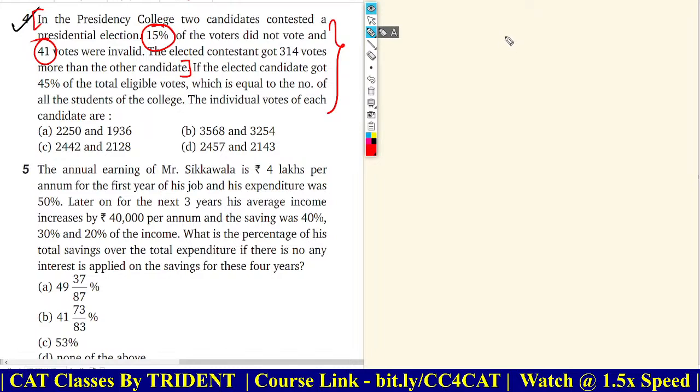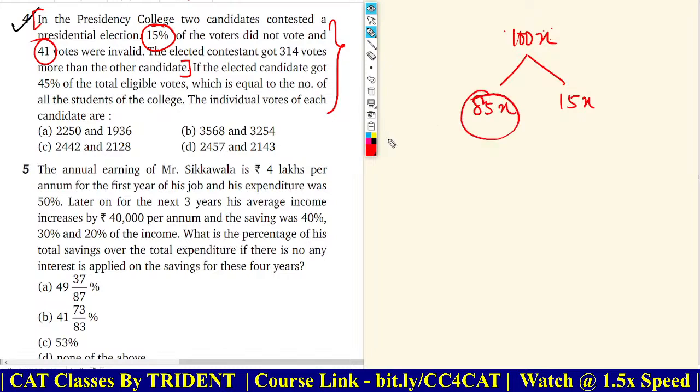So suppose there are 100%, or let's say 100x people in the college. I'm not going to solve it the traditional way. I'm just telling you a method: 15x, suppose, is not voting. So 85x.